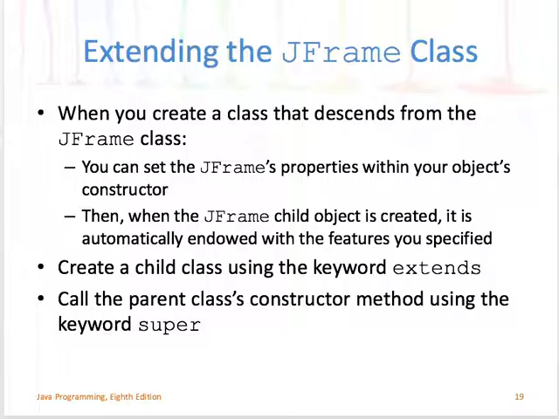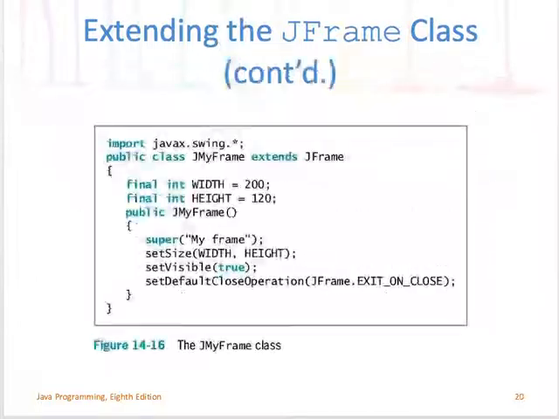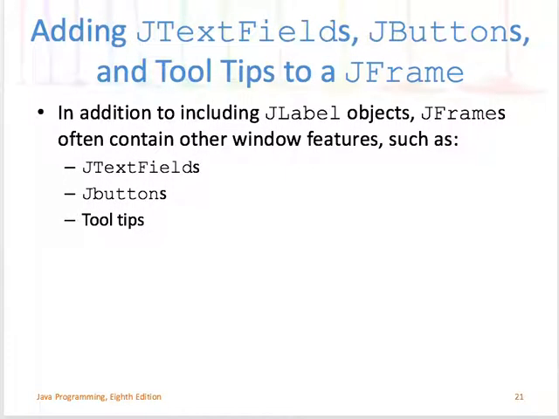Then, when the JFrame child object is created, it is automatically endowed with the features you specify. Create a child class using the keyword extends. Call the superclass constructor method using super. So this right here is just an example of stuff we've already talked about, so I'm going to skip that.